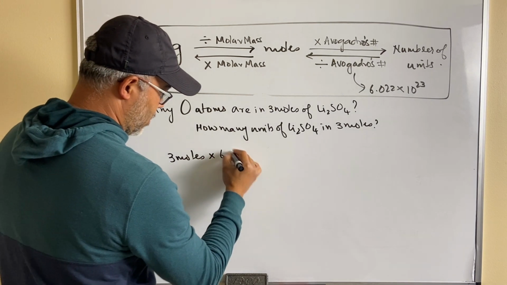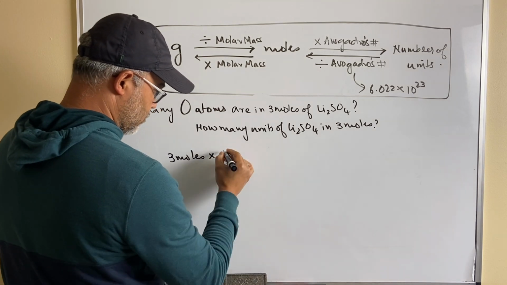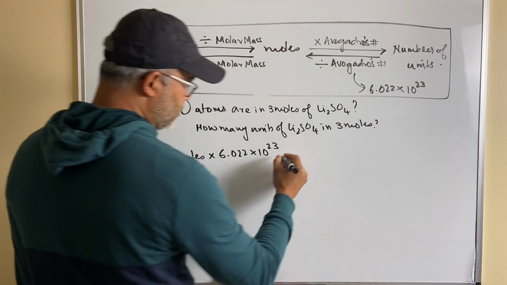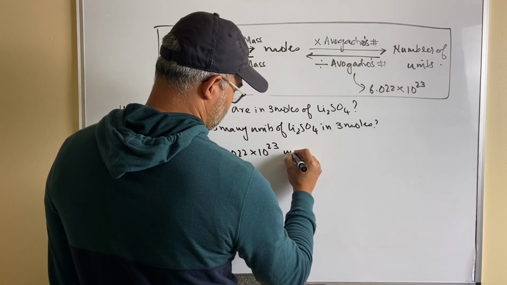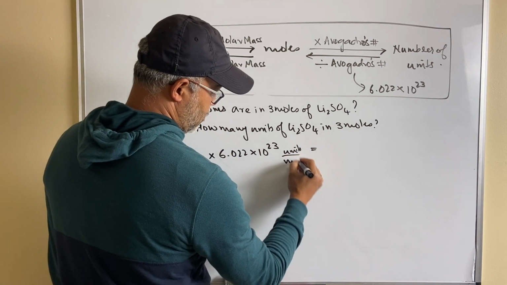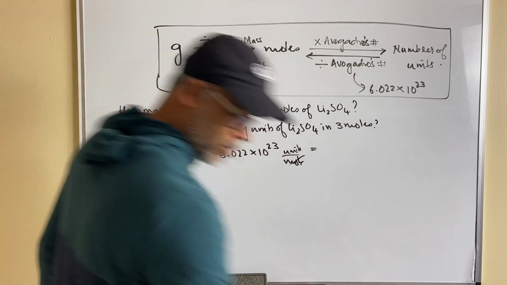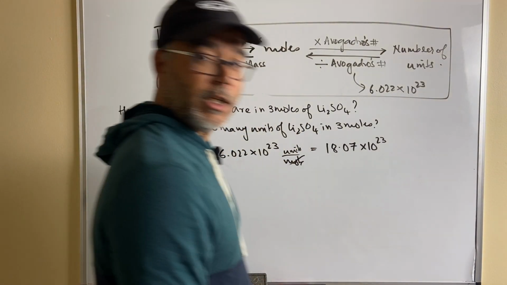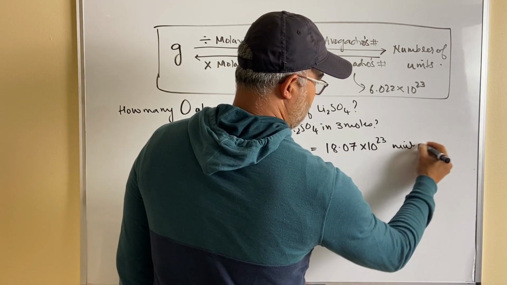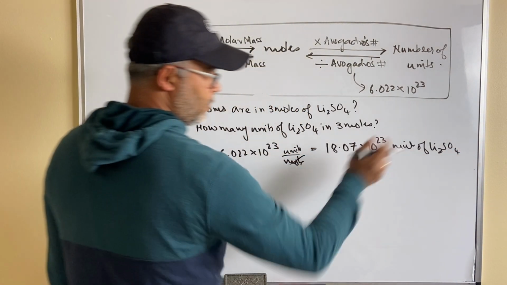So times 6.022 times 10 to the 23 units per mole, of course. That's going to give me the number of units, which happens to be 18.07 times 10 to the 23 units of Li2SO4. So you can think of this as molecules of Li2SO4.